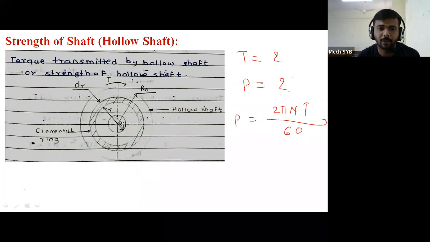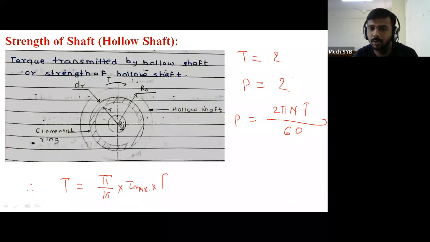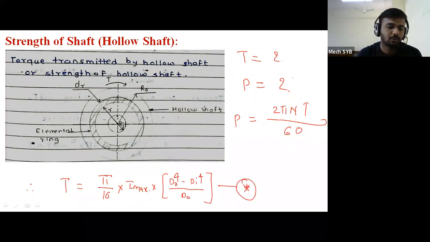For the hollow shaft, you have the formula capital T is equal to pi by 16 into tau max into bracket do raised to 4 minus di raised to 4 divided by do. So this is the formula.